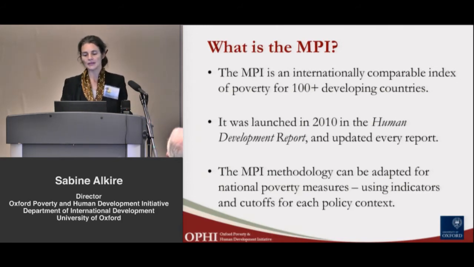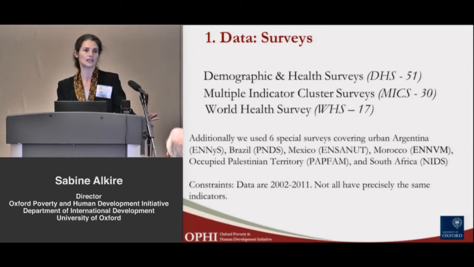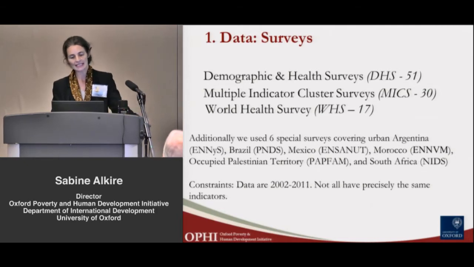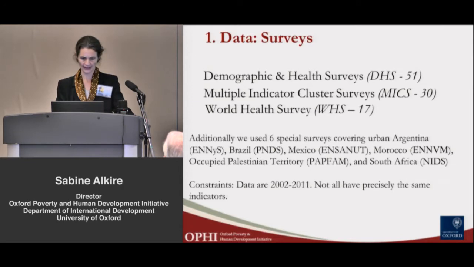So the global MPI uses demographic and health surveys, and I will restrict myself in today's presentation to data from those surveys because they are the most comparable across countries, as well as MICS for 30 countries, WHS for 17, and 6 national surveys.